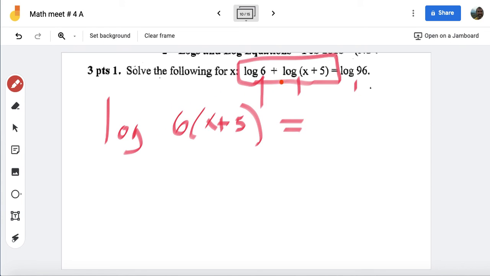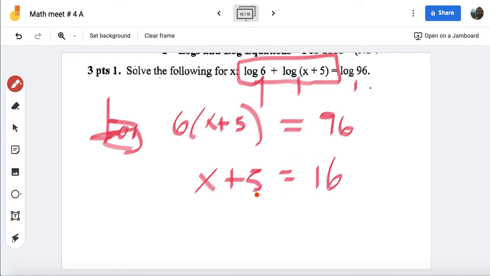Well, since log of this equals log of that, this equals that. So I don't need to have the log anymore. I can just say 6 times x plus 5 equals 96. Divide both sides by 6 and get x plus 5 equals 16. Then subtract 5. Final answer is 11. X equals 11.